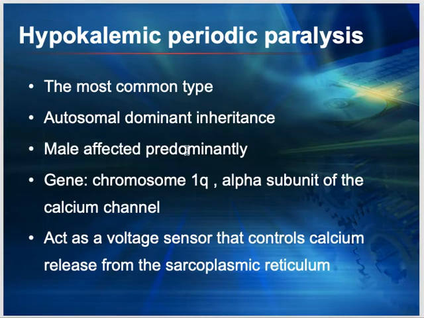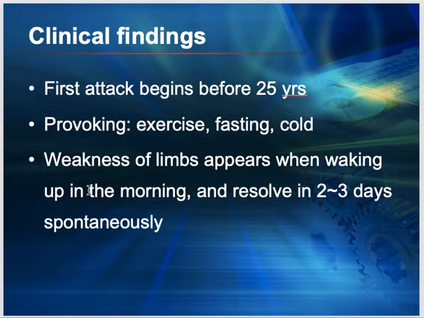Males are mostly affected. They have attacks of paralysis which stay for some time and then go away. It is provoked by exercise, fasting, and cold, and weakness of the limbs appears when waking up in the morning and resolves in 2 to 3 days spontaneously.